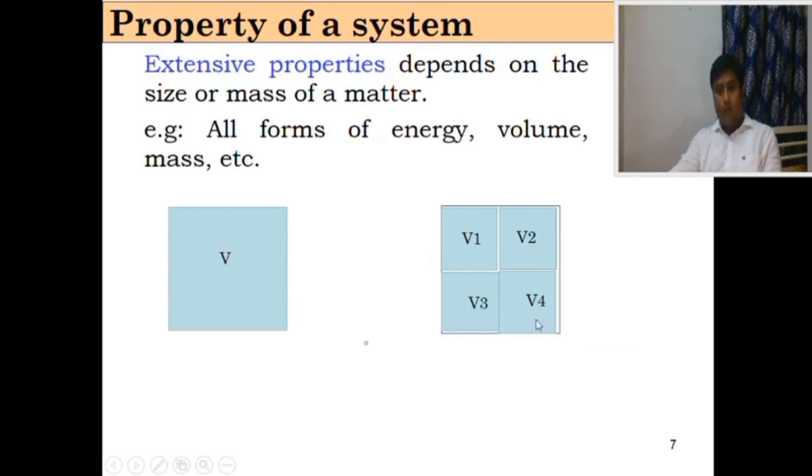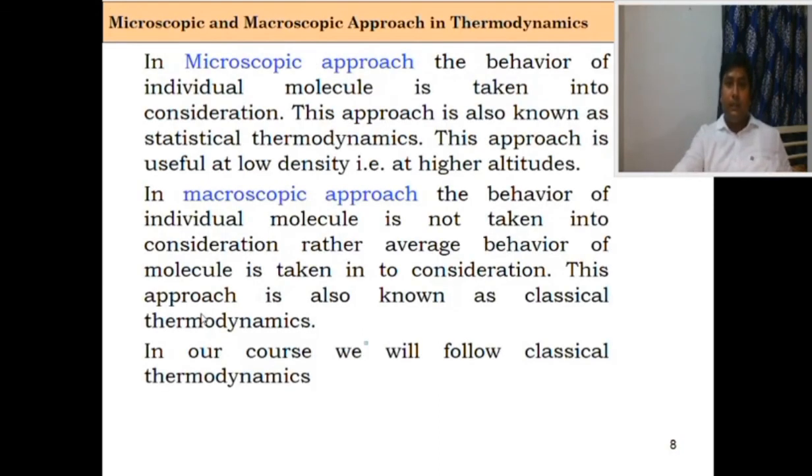This block is divided into 4 blocks. Will all the blocks have the same volume? No. If it is divided, the volume is reduced. So this is dependent on the mass or size of the matter. Such properties which depend upon the mass, we call extensive properties.